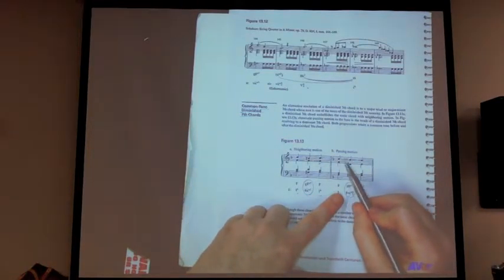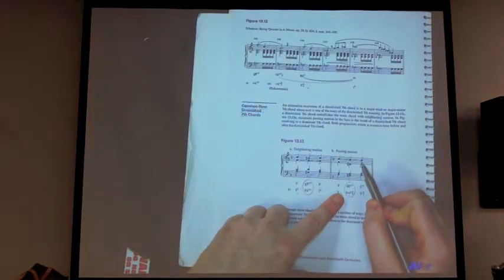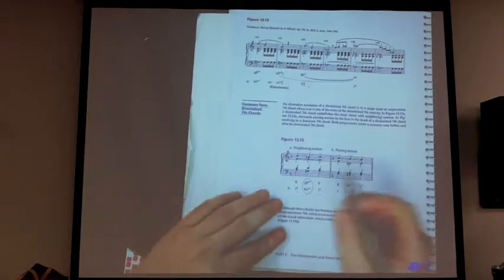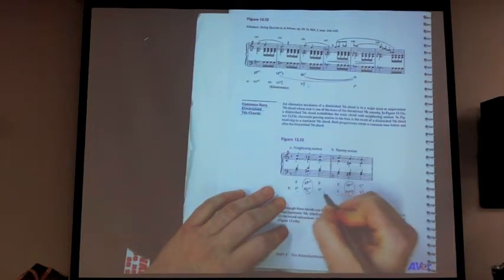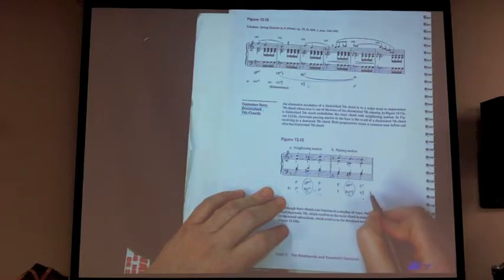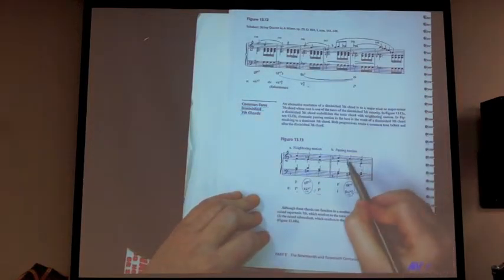We're going to keep the C, so we know that C is going to be the common tone. It's going to go to 5. Now keep in mind, when you're dealing with a raised 2 chord, it's always going to go to 1. When you're dealing with a raised 6 chord that is a common tone diminished 7th, it's going to go to 5. And the most important thing is you've got to keep that common tone.